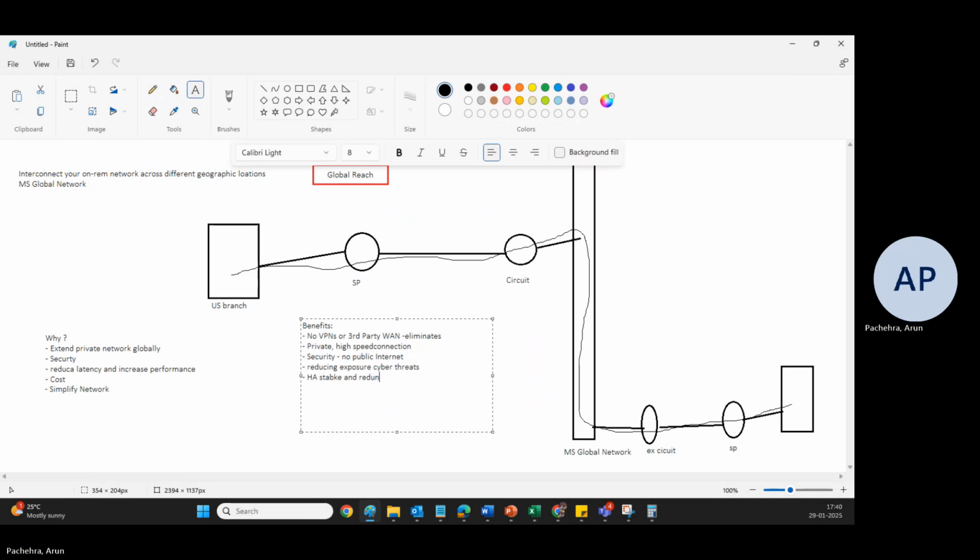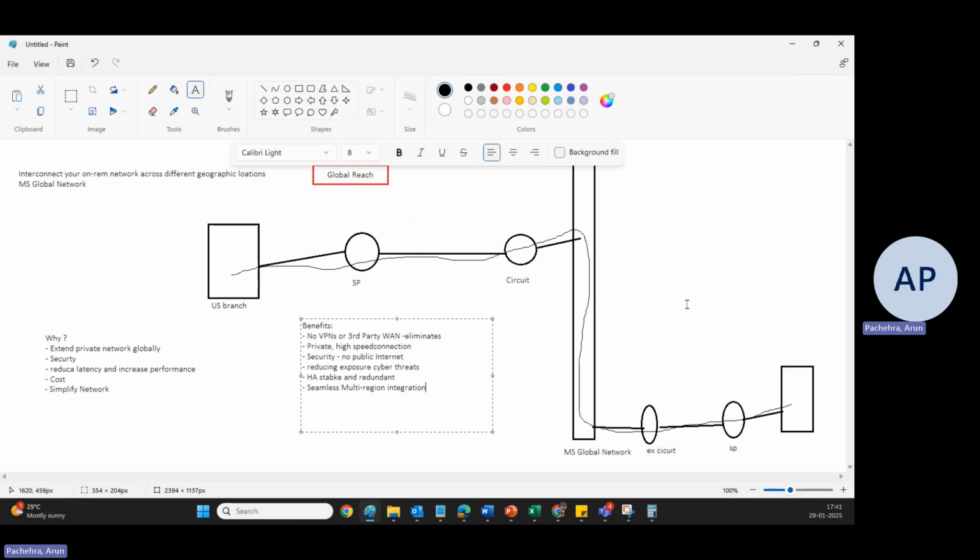And of course, it facilitates hybrid cloud and multi-cloud connectivity between different Azure regions and on-premises locations. So we can say seamless multi-region integration, and you don't need complex configuration and third parties and everybody involved.